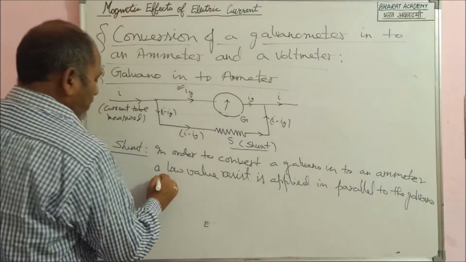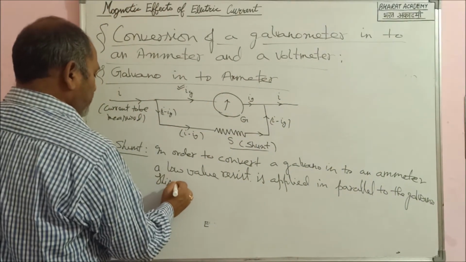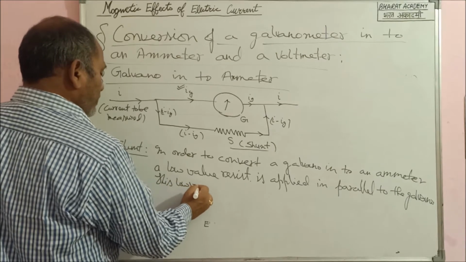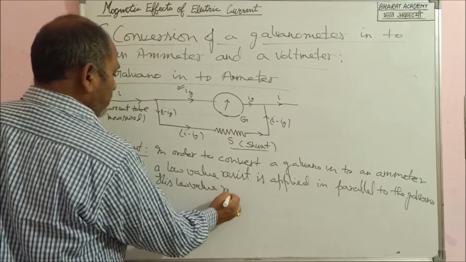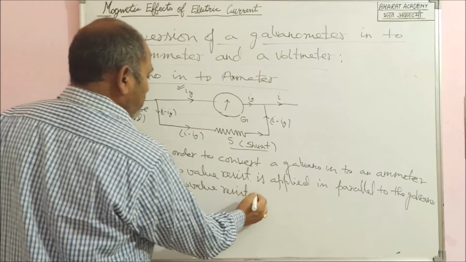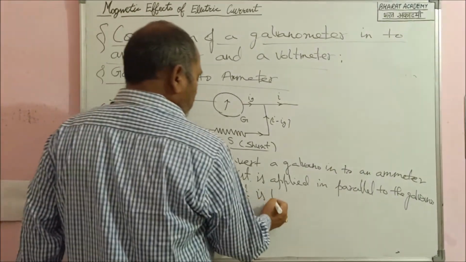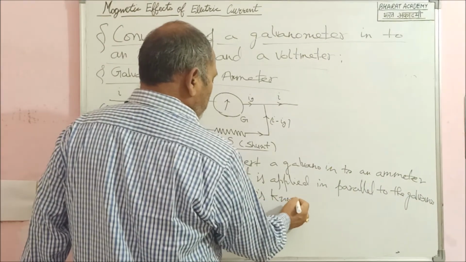This low value resistance is known as shunt.